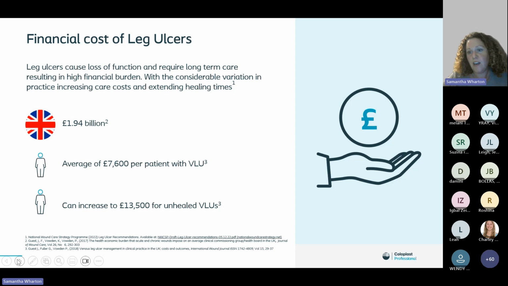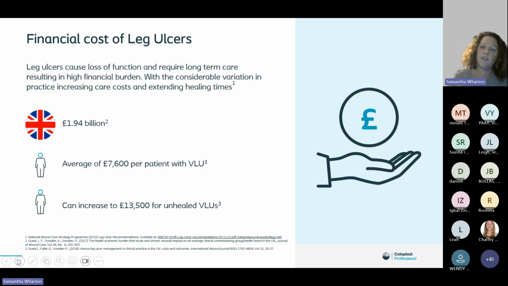So if you're seeing a high proportion of patients with venous leg ulcers, you can see that it's going to take a lot of NHS money to manage those patients, and the cost can even increase to 13,500 for unhealed venous leg ulcers. So if we're not getting those patients onto a healing trajectory and we're just managing them, those costs just continue to increase over time.